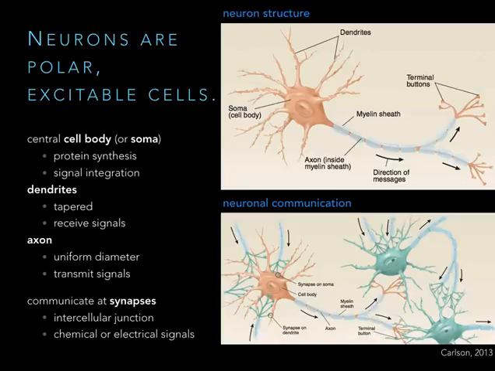So the dendrites receive signals, those signals funnel into the cell body, and if they are sufficiently positive, then it will cause the neuron to fire an action potential down its axon. The axon is going to be a uniform diameter, there's no tapering, but it will branch extensively in some cases in order to innervate multiple targets.